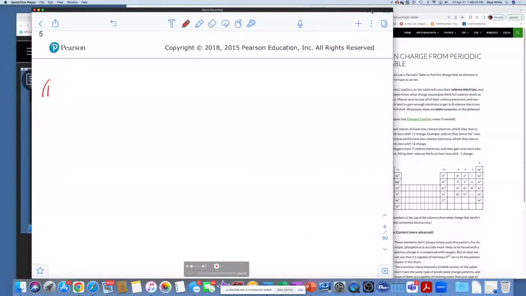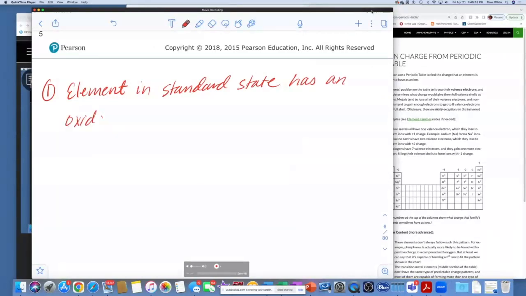So the first thing you want to look at is the element. If your element is in the standard state, it has an oxidation number of 0.